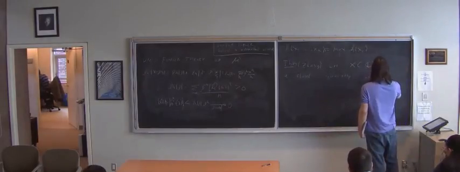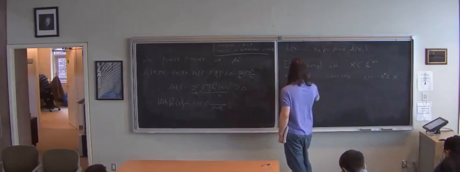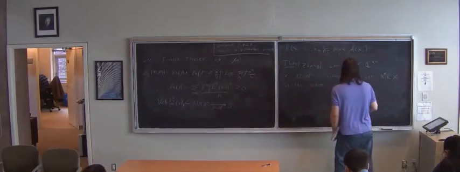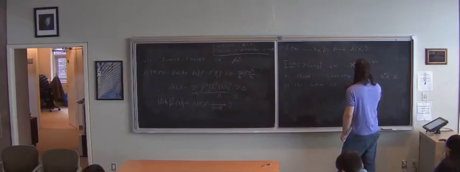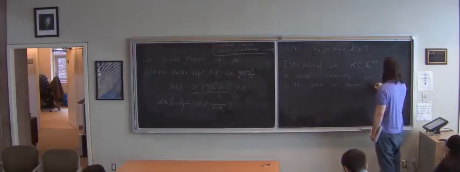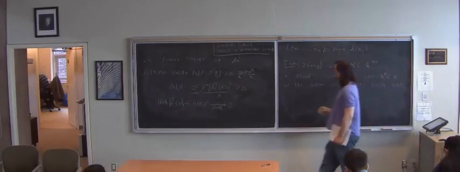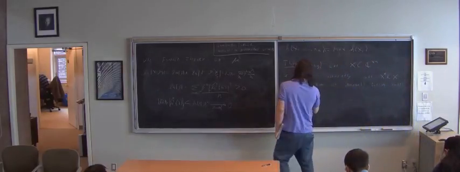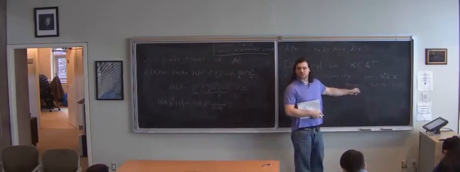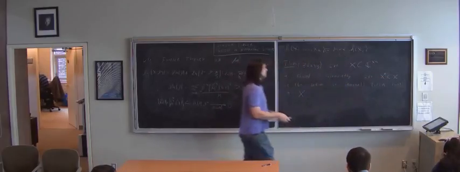So let X star in X be the union of the maximal torsion cosets inside X. Okay, so in Lang's theorem we show there's finitely many maximal torsion cosets, so we're actually talking about a subvariety now in X. So a priori that's not clear.